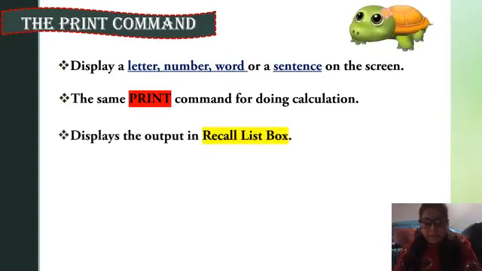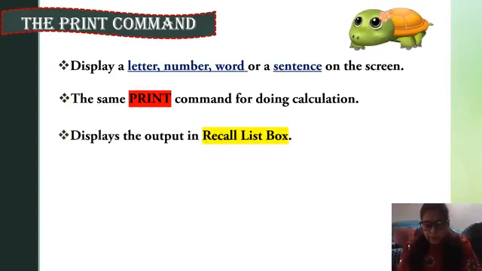The print primitive displays the output in a recall list box. When you type a letter, number or word, the output will be shown in the recall list box, not the command window box.